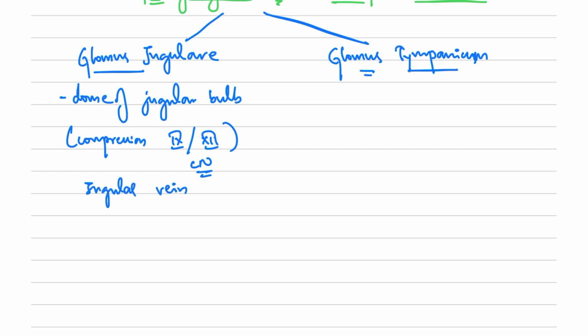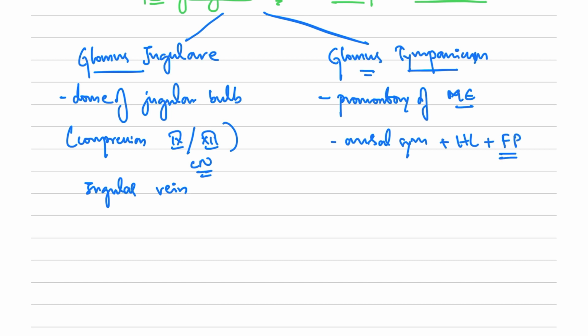Then we have glomus tympanicum, which arises from the promontory of the middle ear, and it causes aural symptoms, maybe associated with hearing loss, or sometimes there might be facial paralysis as well. So basically these are the two types of glomus tumors.